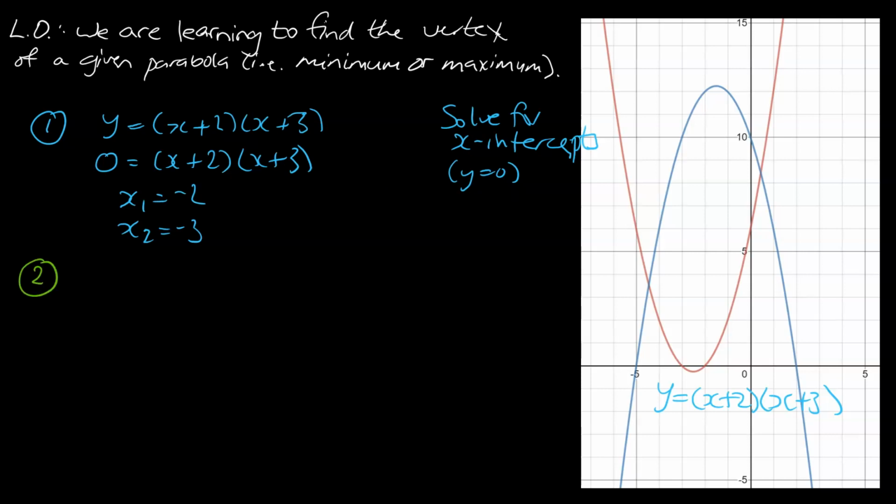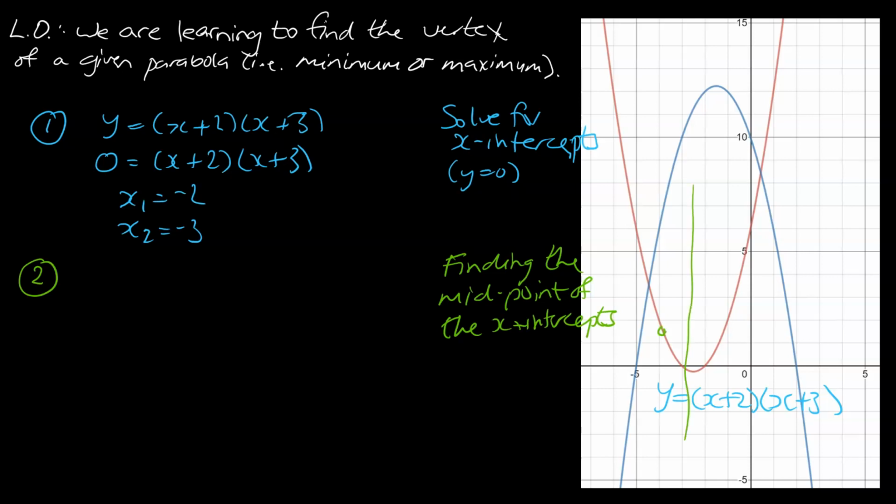I'm going to change pen color for this step because it is important. The next step, step 2, is finding the midpoint of the x-intercepts. We can do this because every parabola is symmetrical.